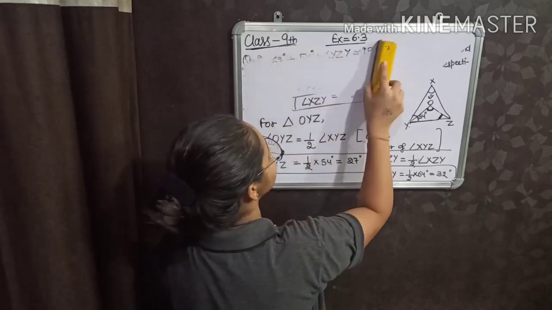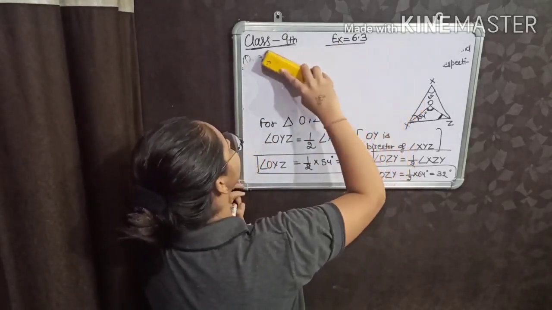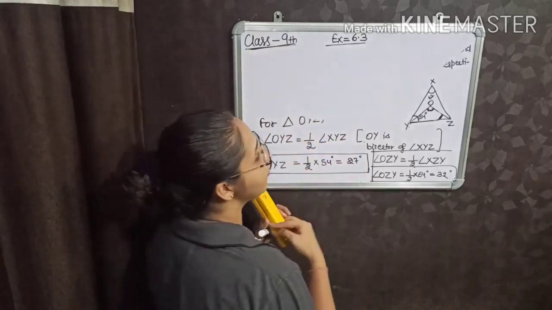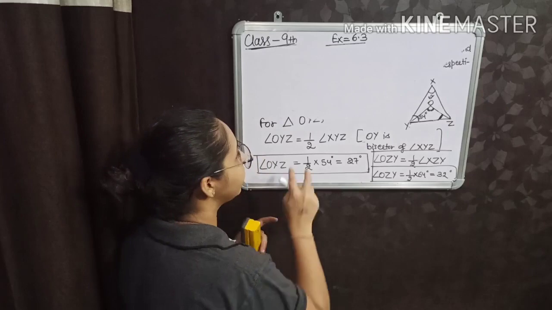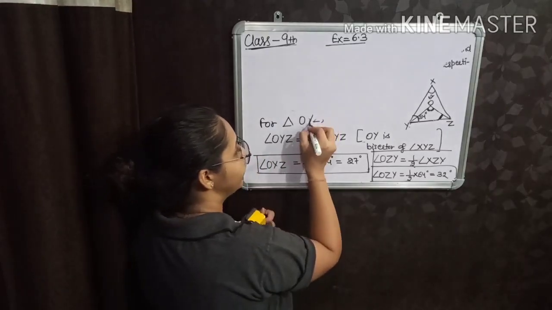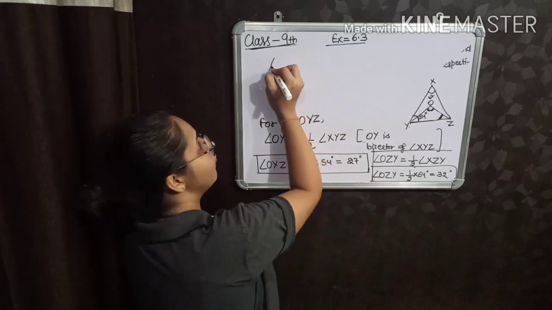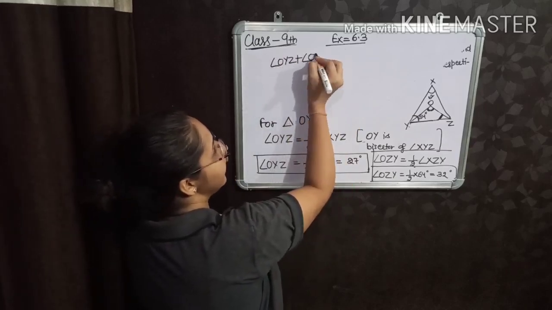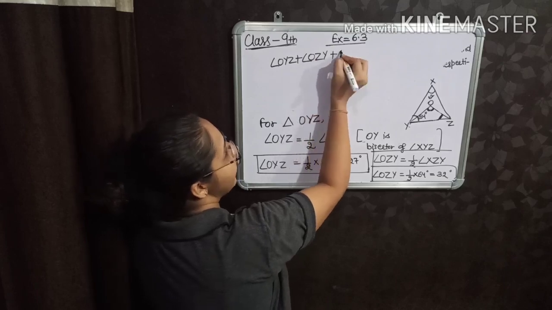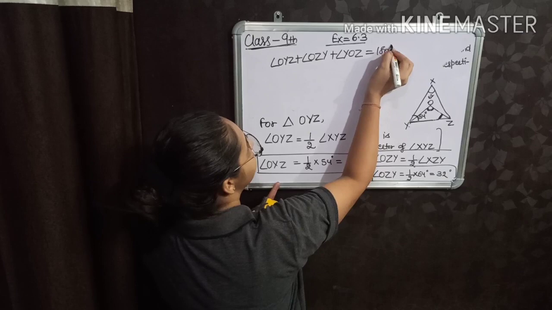Now the question was you have to find the value of angle YOZ also. So for triangle OYZ, you can write angle OYZ plus angle OZY plus angle YOZ is equal to 180 degree. Why?